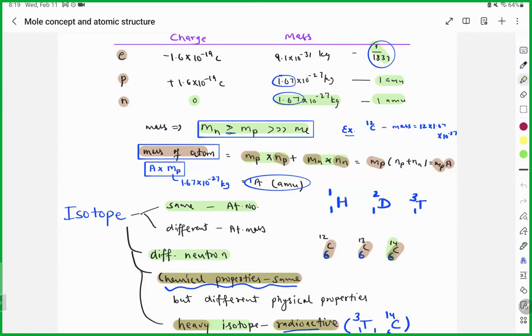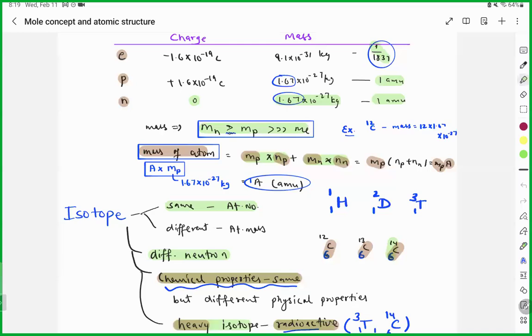If you see the mass difference between the proton and neutron, what is the difference between these two? Which one is heavier? Neutron.